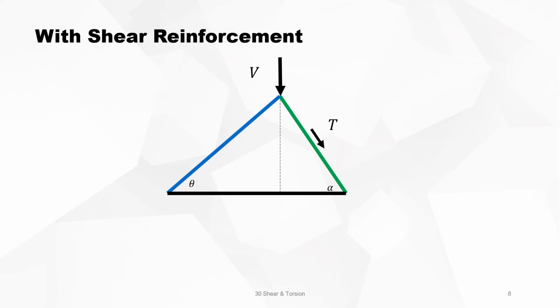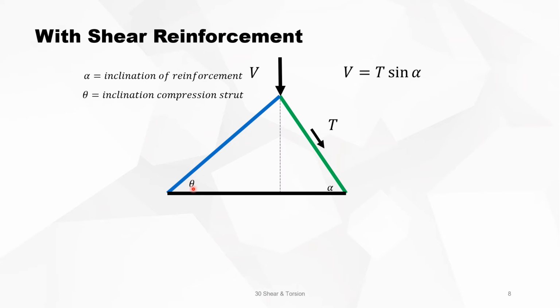Let's now consider an isolated system where V is the shear force and T is the tension in the stirrup. Then alpha is the inclination of the reinforcement, theta is the inclination of the compression strut.